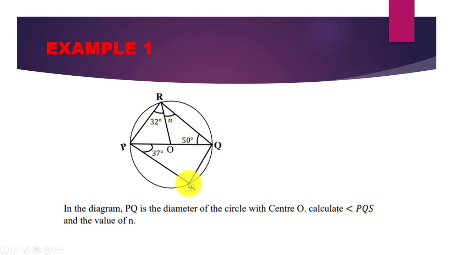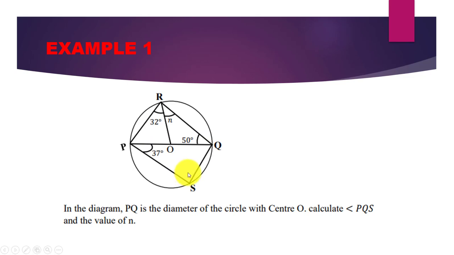So by this theorem, the angle here is 90 degrees or right angle. So if you want angle PQS, we sum the interior angles of the triangle PSQ. So we sum angle 37 to angle PQS and angle PSQ, which is 90 degrees.